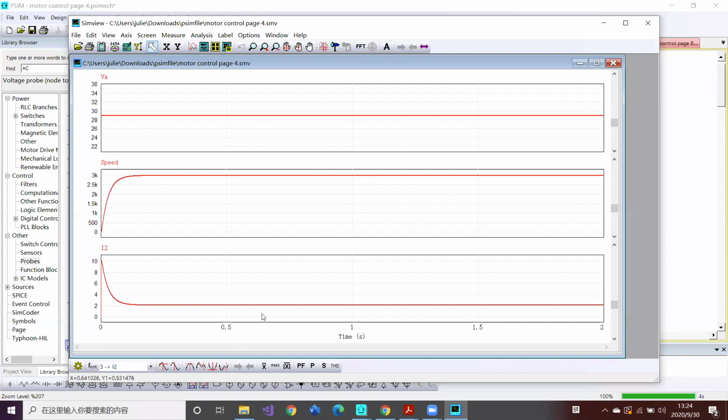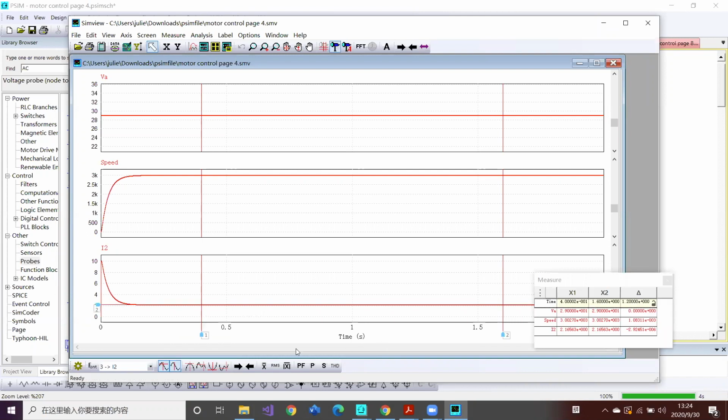The time is 95% of TR, so pull out your measurements, find the point that you think is a steady state, for example here, and find the 95% of this value, which you need to calculate, and find out the IA.